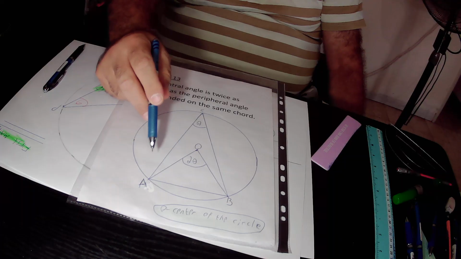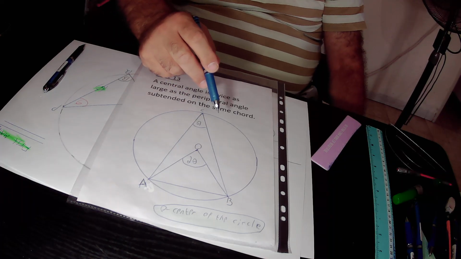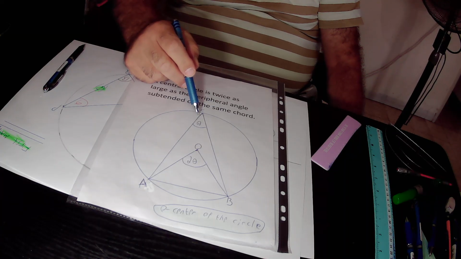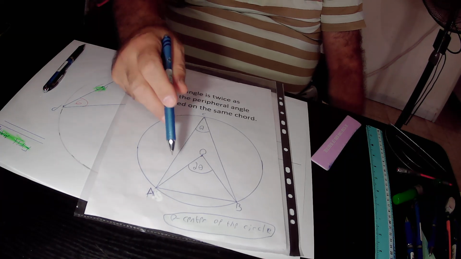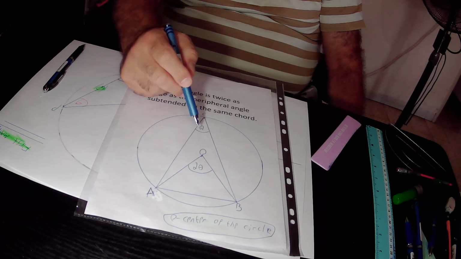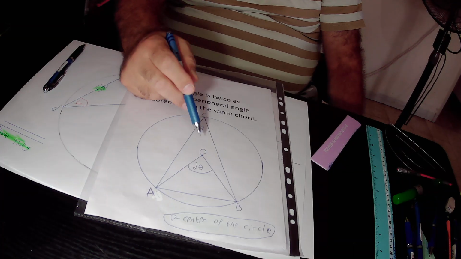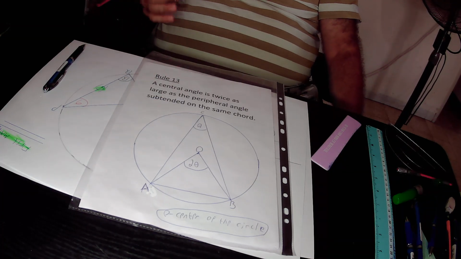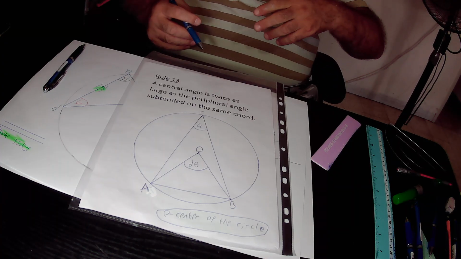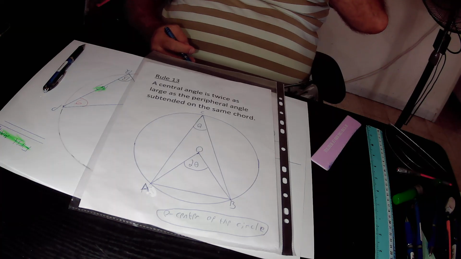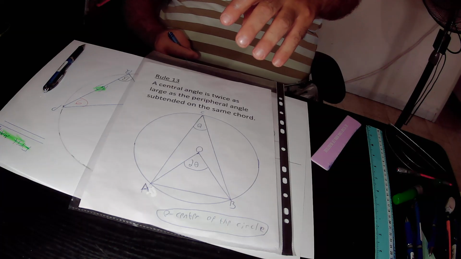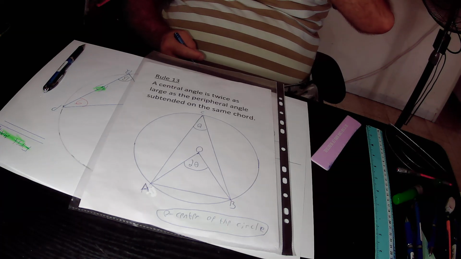The size of peripheral angle ACB is theta, and therefore central angle AOB that subtends on the same chord AB must be twice as large as this angle. That is to say, it must be equal to 2 theta. So according to rule 13, the size of the central angle is twice as large as the size of the peripheral angle that is subtended on the same chord.